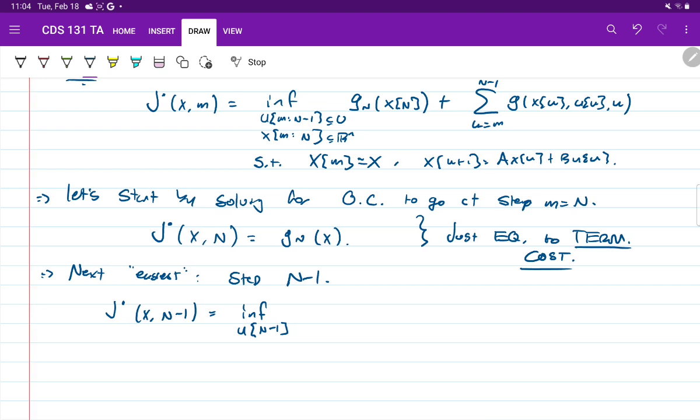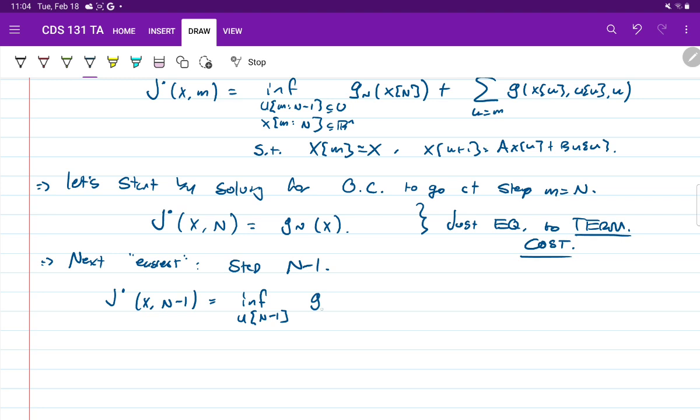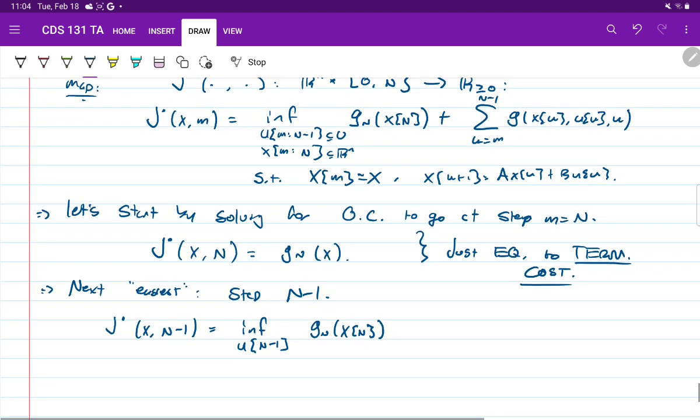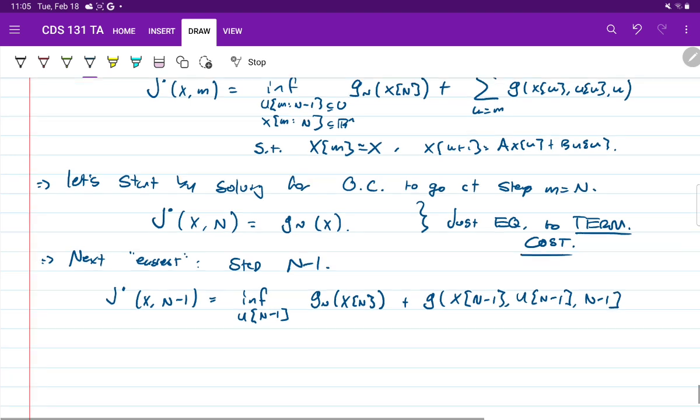And our cost function is going to have two terms in it, right? It's first going to have the terminal cost term, right? Gn of x at time n. And then we're going to have one term, right? The loss term from the sum up here. So it's going to equal to this plus g of x at time n minus 1. There we go. U at time n minus 1 and n minus 1.